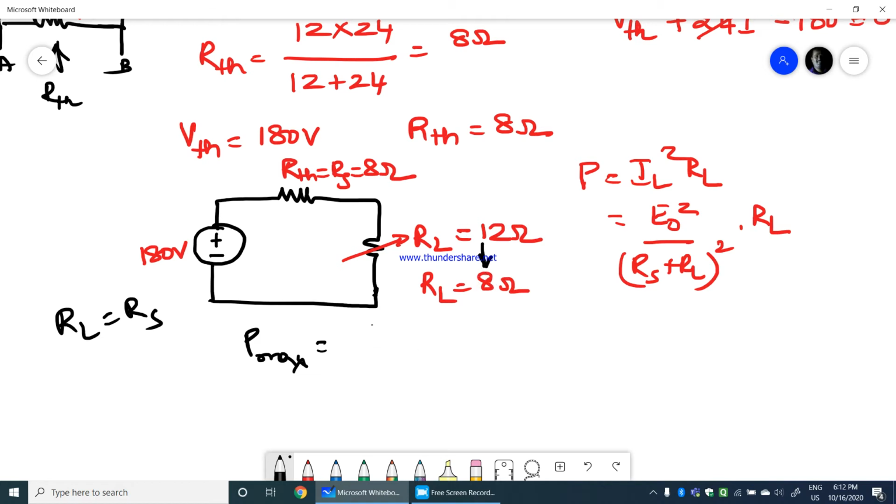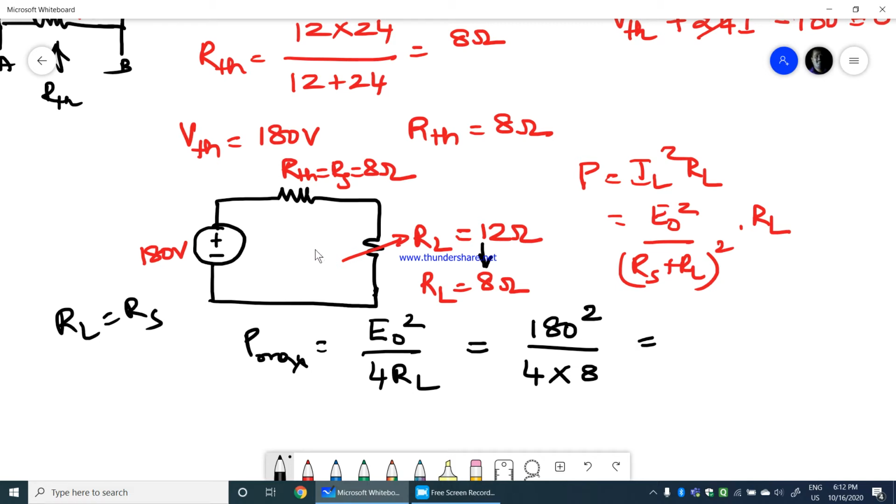Therefore, Pmax would be equal to E naught square divided by 4 times RL, because RS equals RL, so I get 2RL the whole square, which is 4RL, and E naught square by 4RL would be equal to 180 square divided by 4 into 8, because 8 is RL now. So what you get here is 180 square by 4 into 8, which is equal to 1012.5 watts.